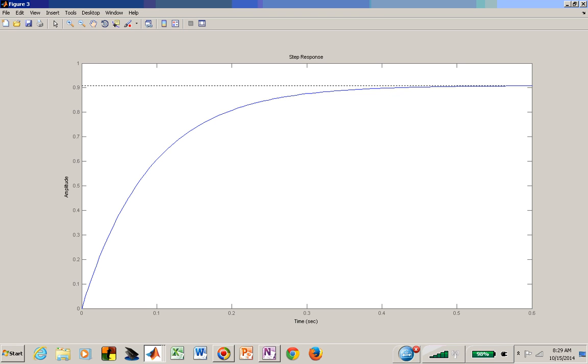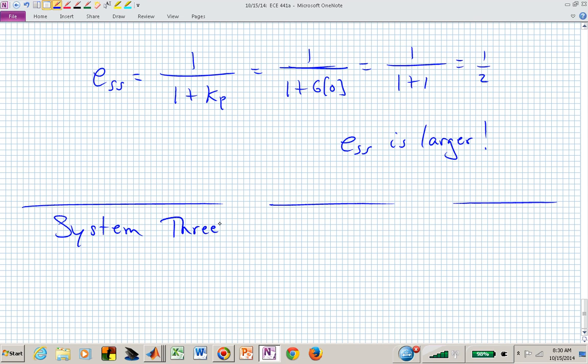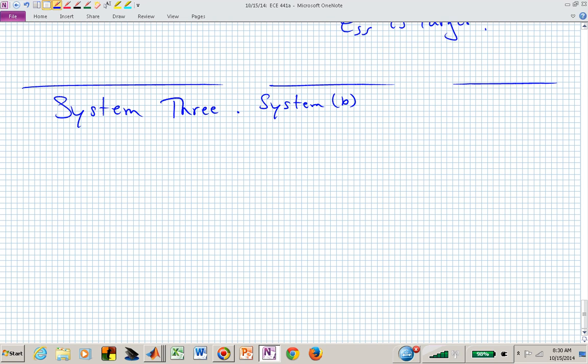Now let's look at the third system that we had from before. I think we were calling it system B, where G of s now was 1 over s times (s plus 1).